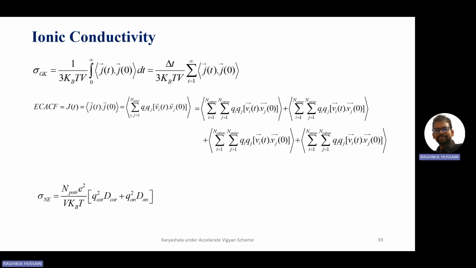You can see there are two things. The first one is the cation, that is again the product. Then anion. And as these two are vector quantities, cation-anion and anion-cation will be different.